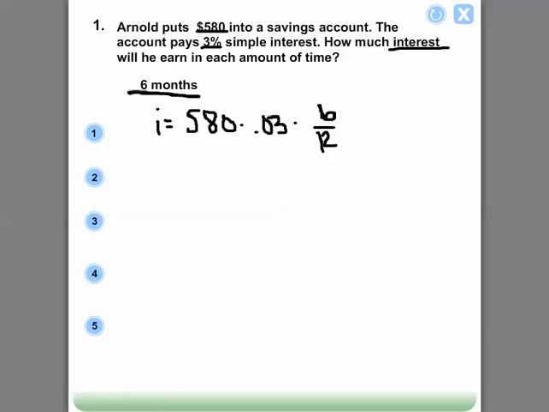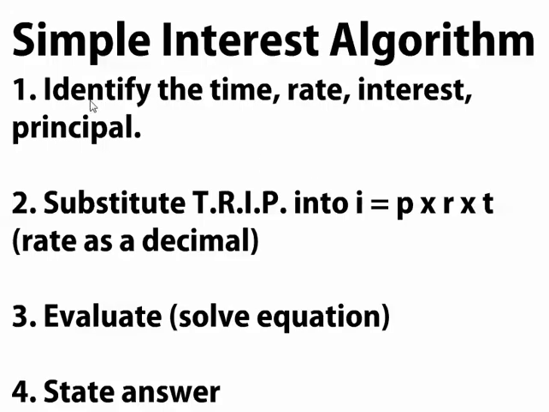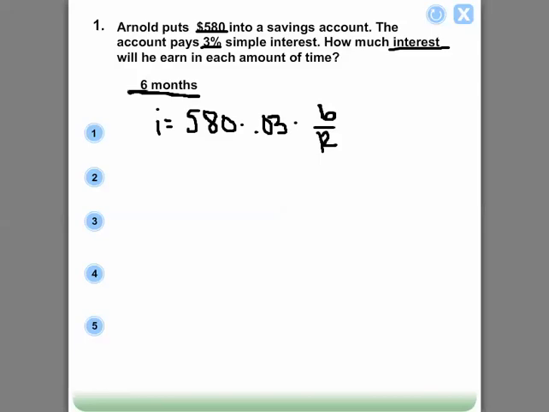So now let's go back again. We identified, we substituted, and now it's time to evaluate. We have 580 times 0.03 times 6/12, and we should get 8.7.